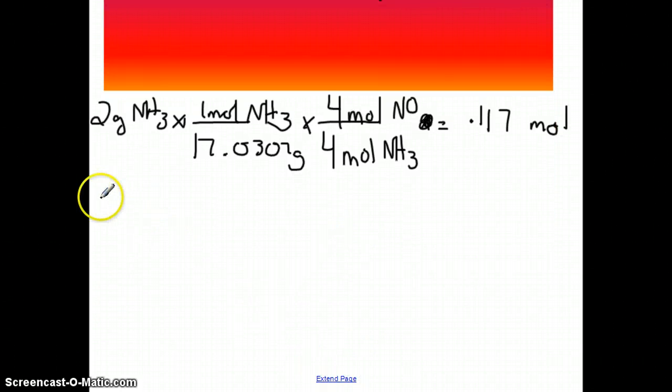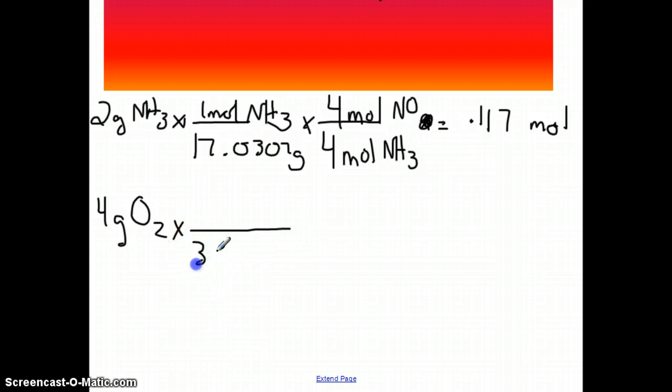Now let's go back and do our second part, which is the 4 grams of O2. We're going to do the same thing. We're going to convert it to moles of NO. So we're going to divide by our molar mass.